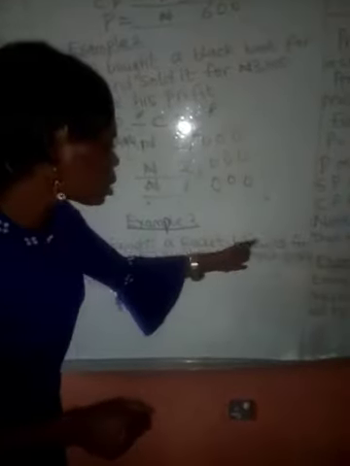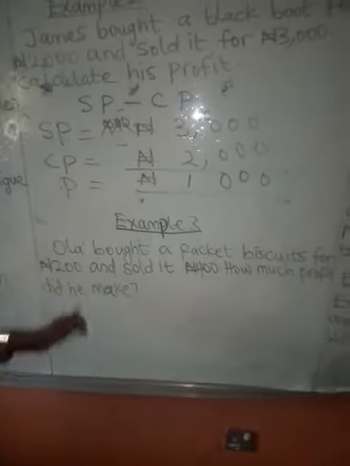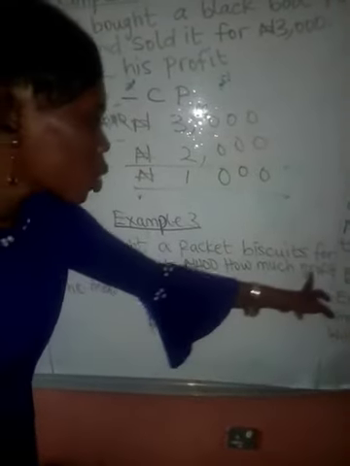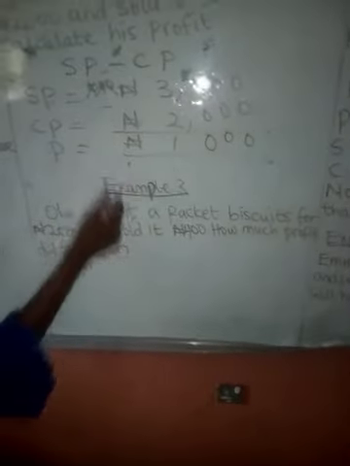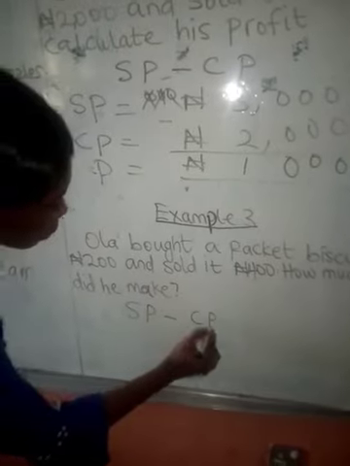Okay, now let's look at the last example, example 3. Number 3 says, Ola bought a packet of biscuit for 200 naira and sold it for 400 naira. How much profit did he make? Let's take our formula again: SP minus CP.